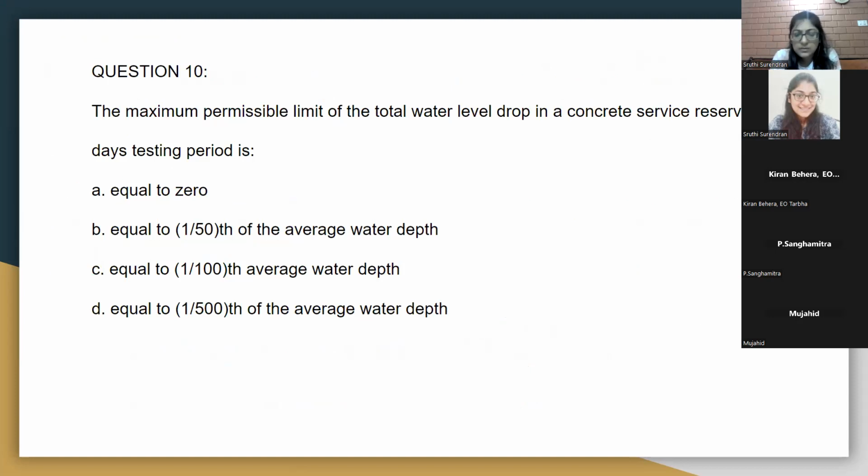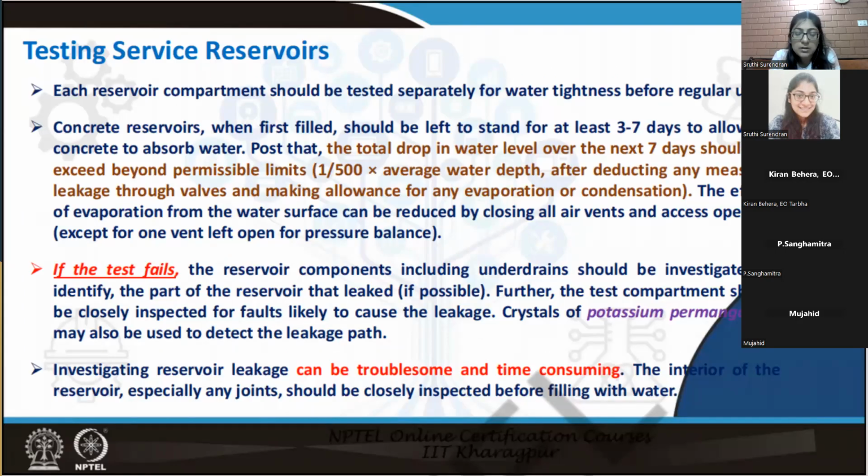Yeah. So this test is done for concrete reservoirs. A test is done to see what the total drop of water level is, whether it is appropriate or not, or whether there is any leakage. For that, concrete reservoirs, after filling the water, are left to rest for 3 to 7 days. Because the concrete absorbs water, some water level will anyway reduce.